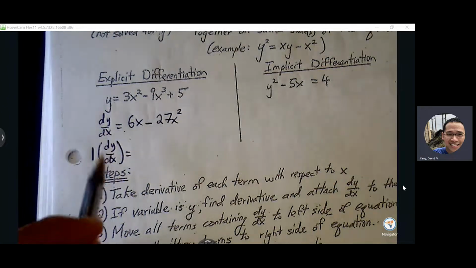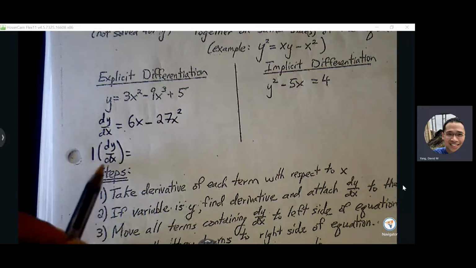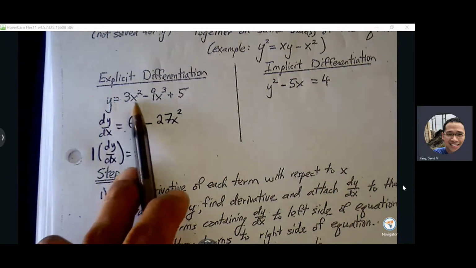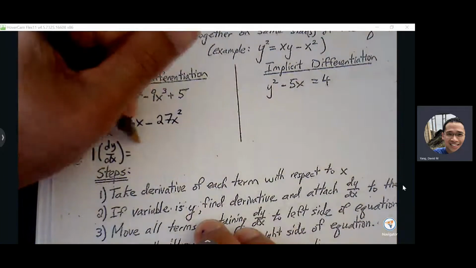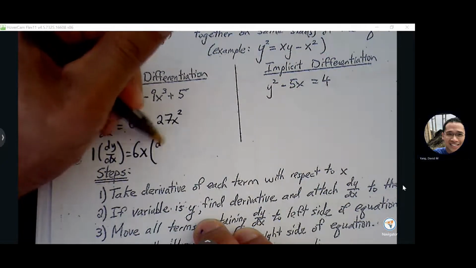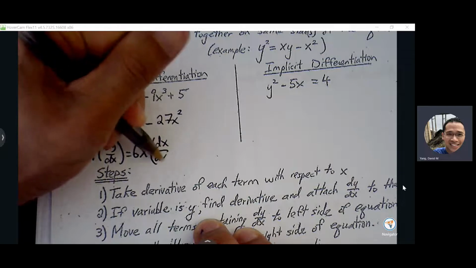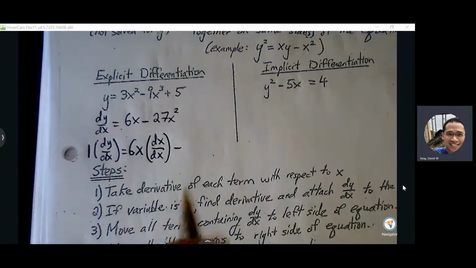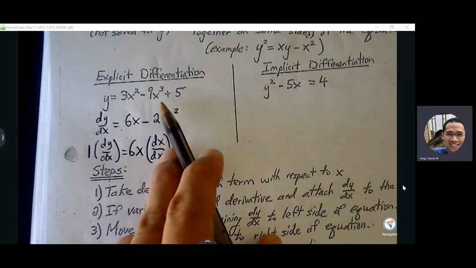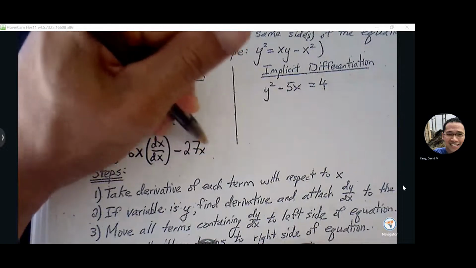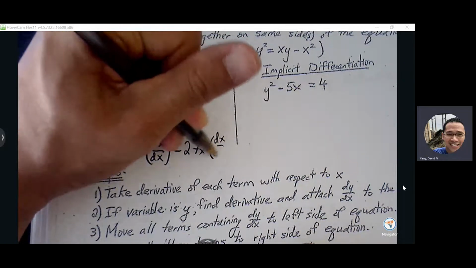Okay, but I'm showing you this because it is going to connect with equations that are not functions. We said 3x squared was just 6x, which is great, but technically we're finding the derivative of x with respect to itself. So technically there's a dx over dx going on behind the scenes. And then the 9x cubed becomes 27x squared, which we did do, and then technically we're attaching dx over dx.